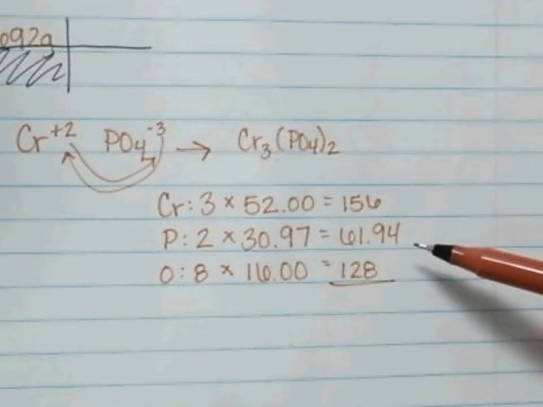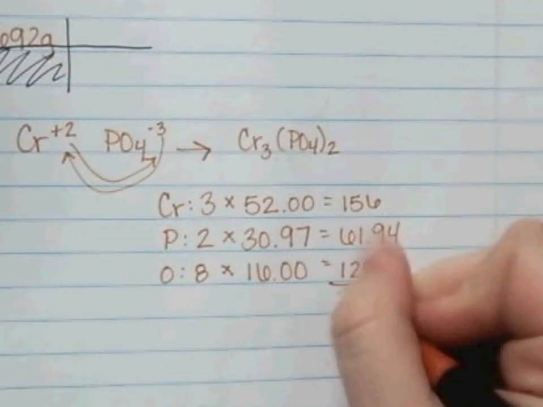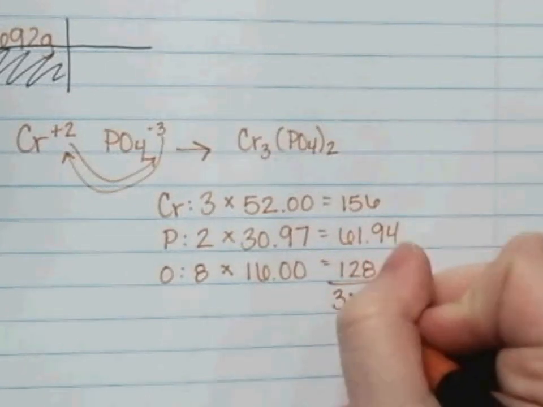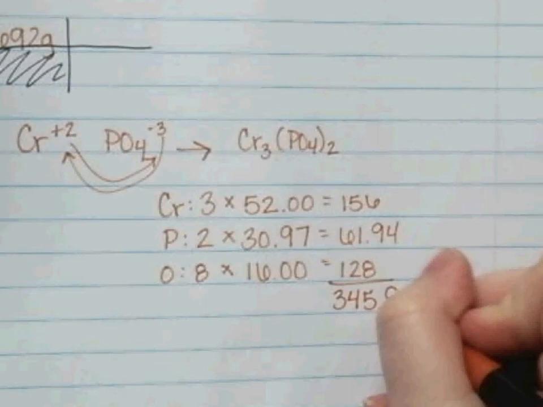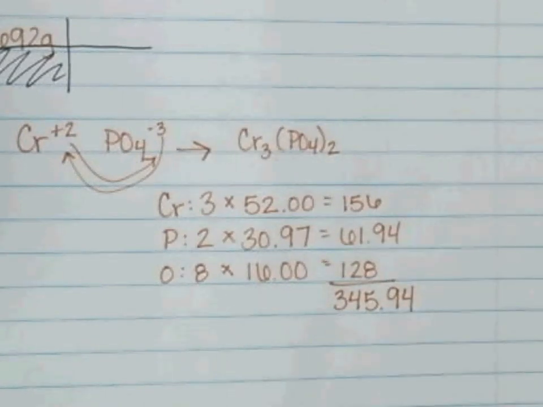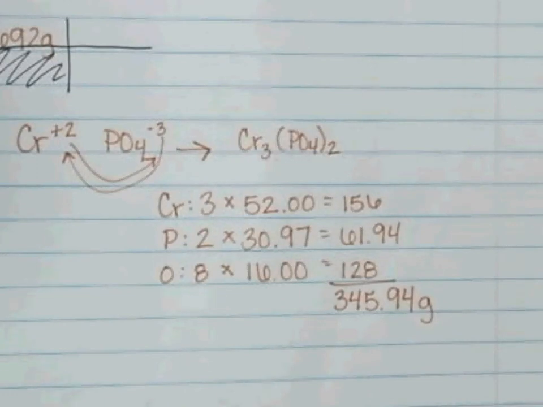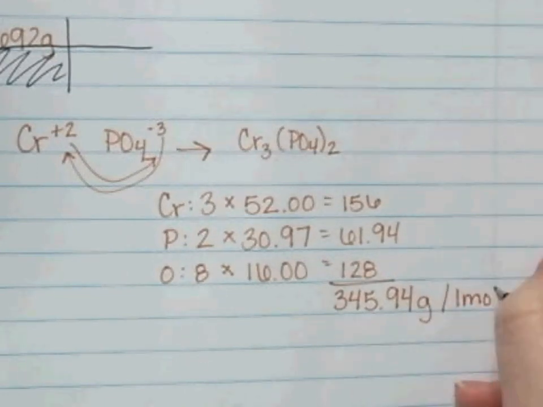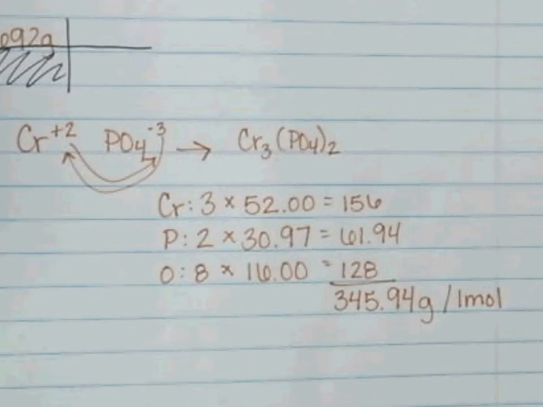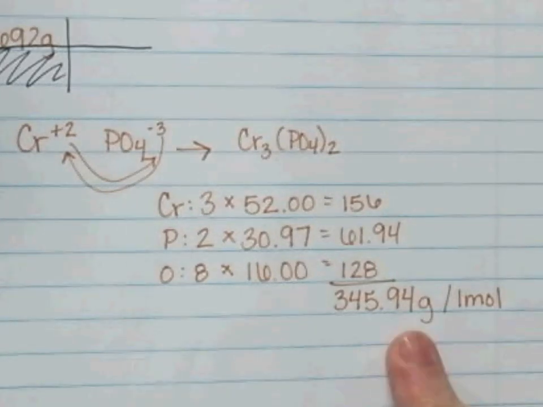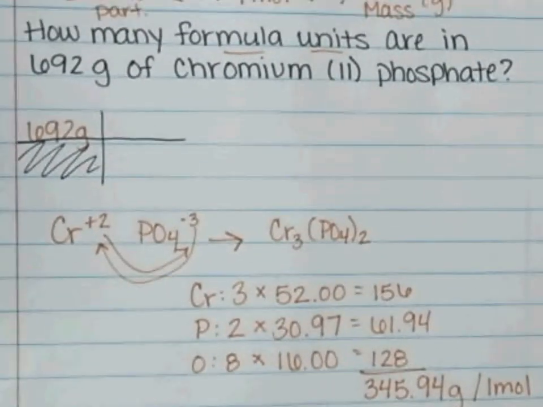So I'm going to add 156 plus 61.94 plus 128. And you should have a total of 345.94. So that tells me the number of grams in 1 mole of that substance.